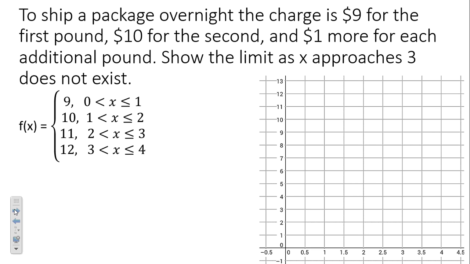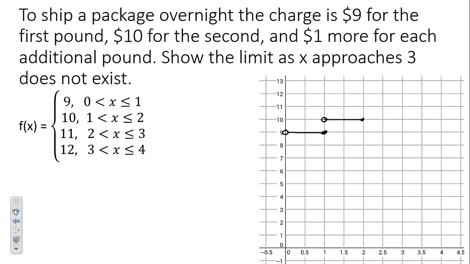So when x is 0, it doesn't cost anything. But up until the point when x is 1, we're going to have a cost of $9. Then the minute you hit 1 pound, 1 ounce, or anything over 1, suddenly it's now $10, right? So y is 10 is a horizontal line. Open circle here. It doesn't cost us $10 until we get a little bit above that.